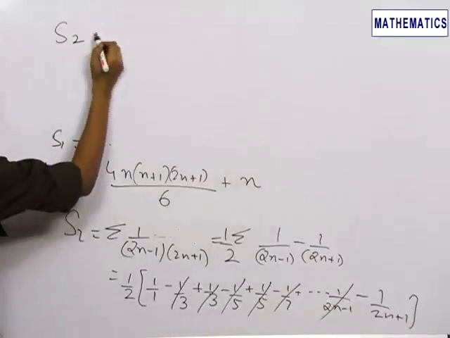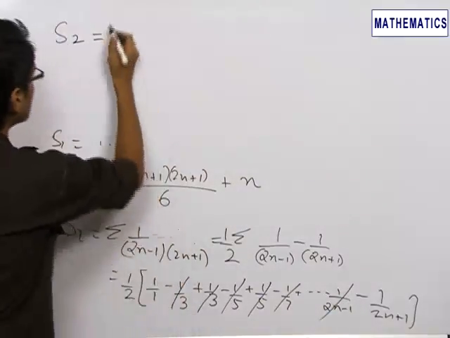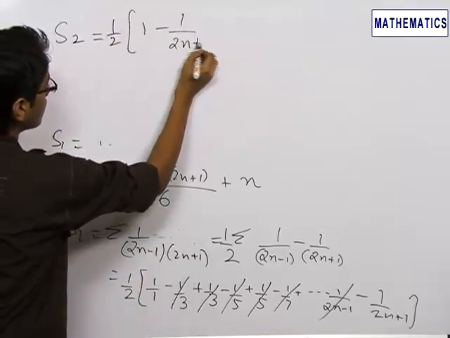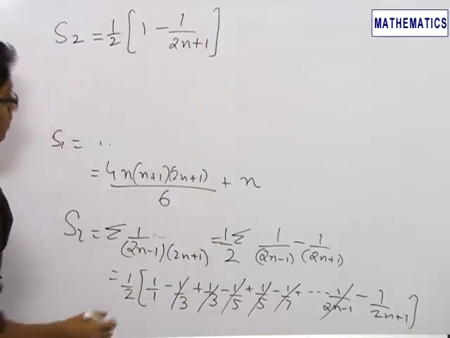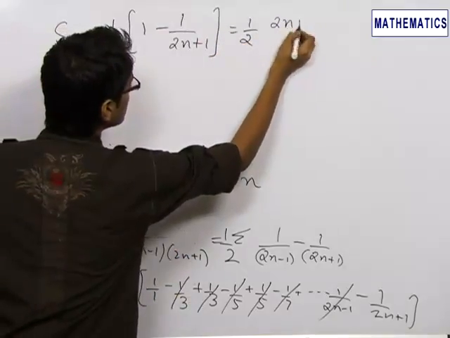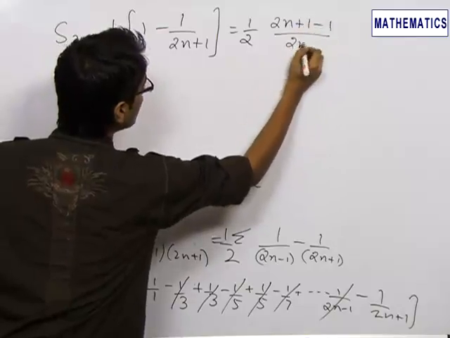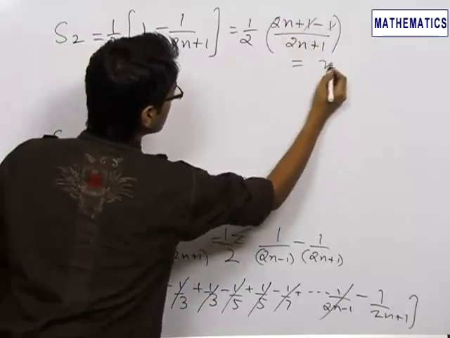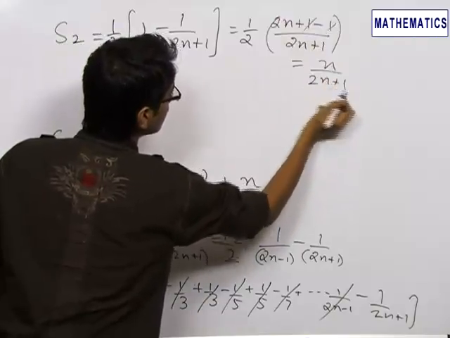So our value of S2 will be equal to half times 1 minus 1 upon 2n plus 1, which will be equal to half times (2n plus 1 minus 1) upon 2n plus 1, which becomes n upon 2n plus 1.